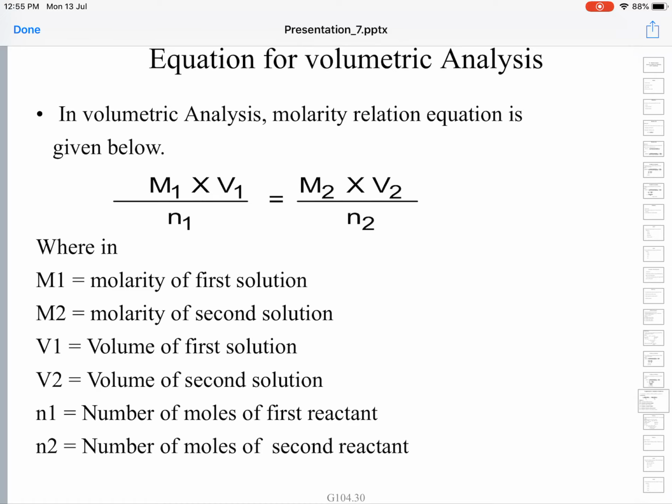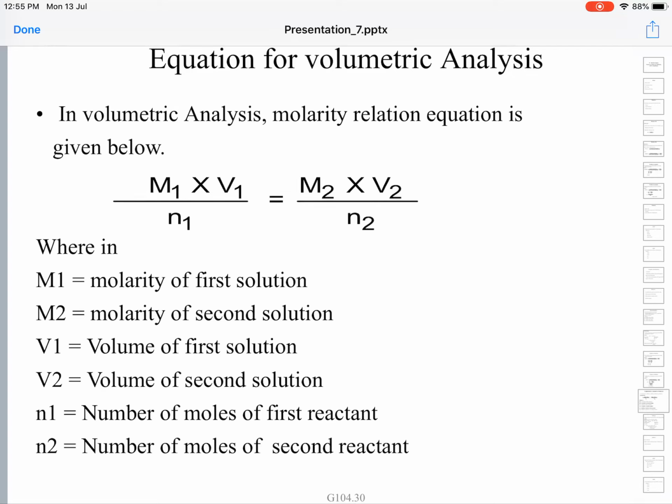That is called the test solution. We try to find the concentration of the test solution by titrating, adding a definite quantity of standard solution to a definite quantity of test solution, and the formula used here is M1 V1 by N1 is equal to M2 V2 by N2, where M1 is the molarity of the first solution and M2 is the molarity of the second solution.